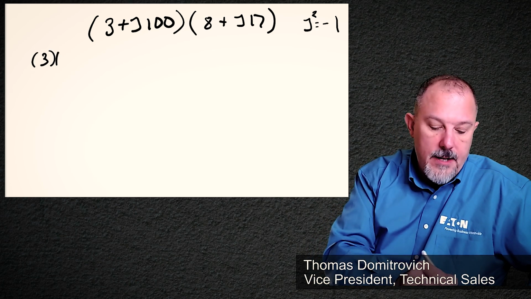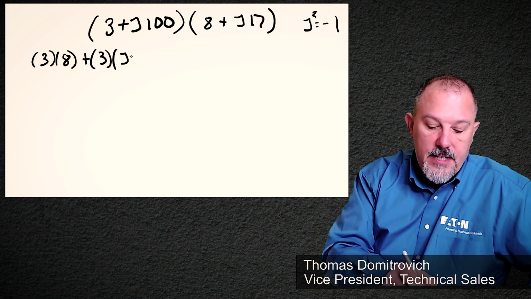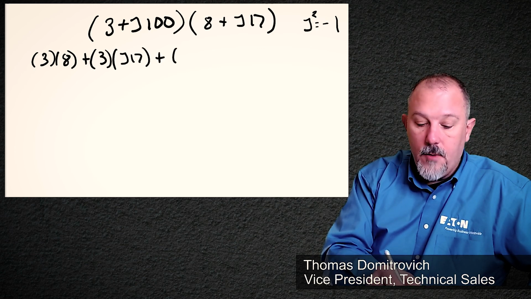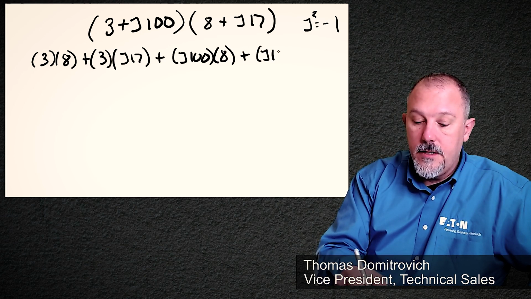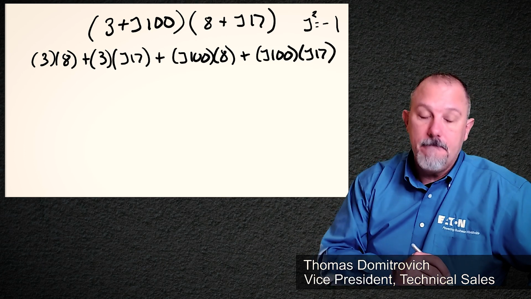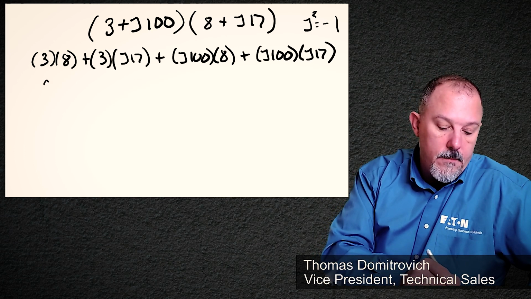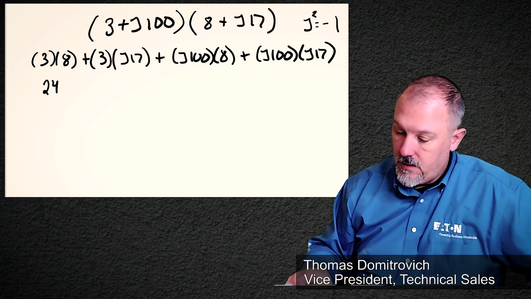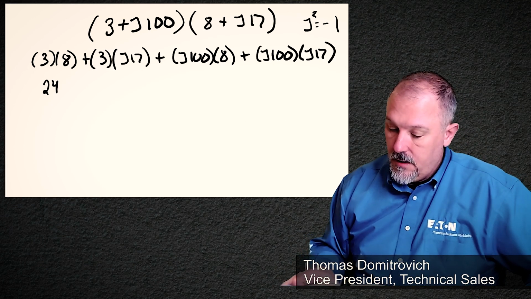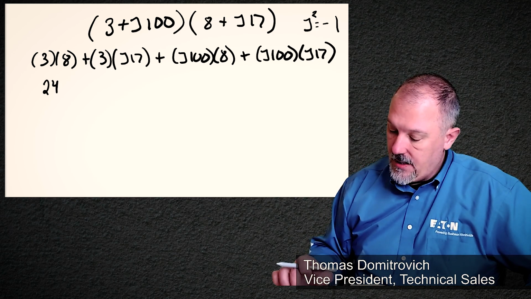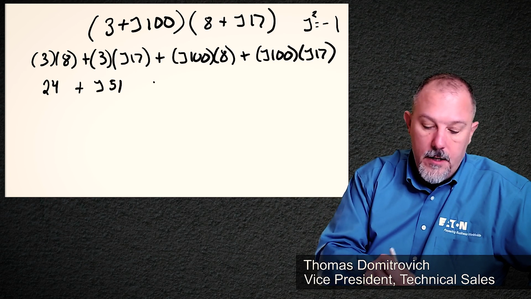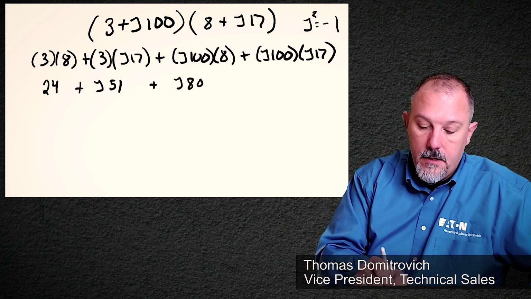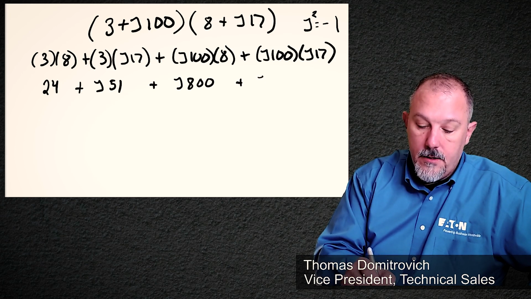3 times 8 plus 3 times J17 plus J100 times 8 plus J100 times J17. 24. Just going to do the math. 3 times 17 is 51, there's a J, 51. And this is J800 plus J, oh, nope.